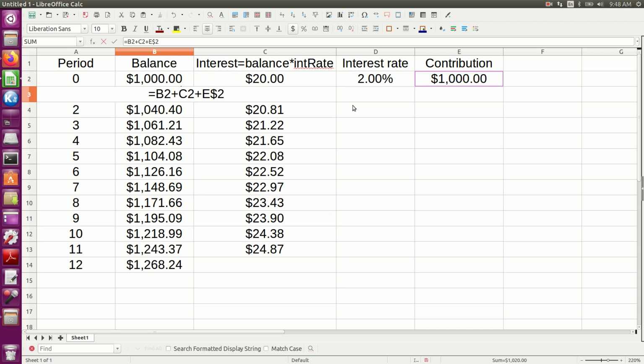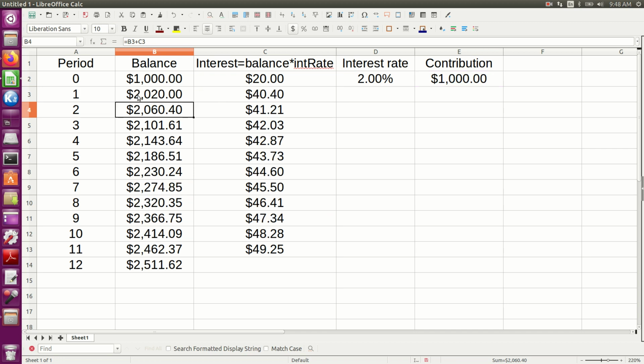And I hit enter, and so now notice instead of 1,020 I have 2,020. Now here everything went up by $1,000, but it didn't go up by $1,000 each period. And that's because if you look here, nothing changed here because I didn't change that cell.